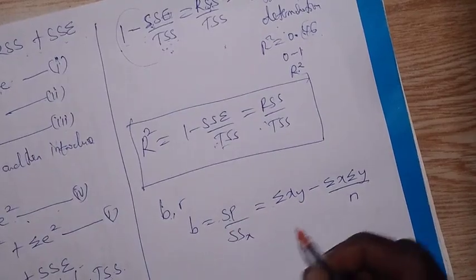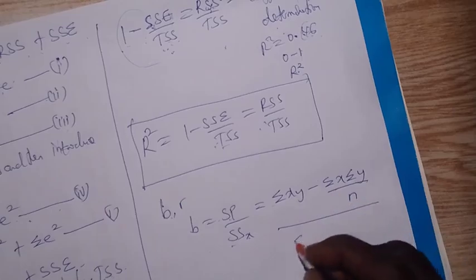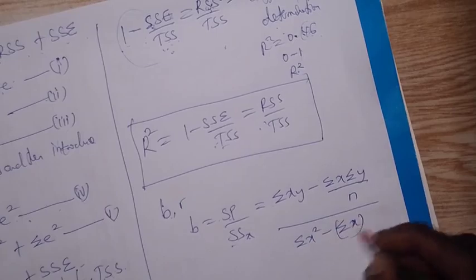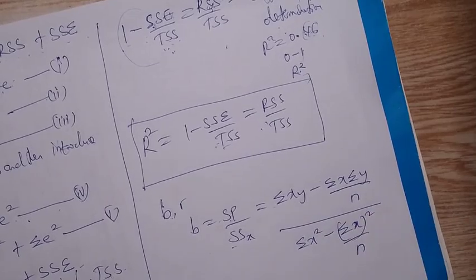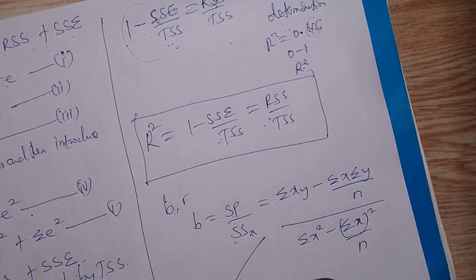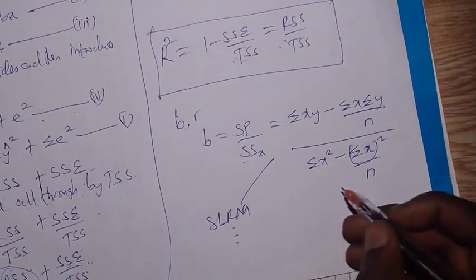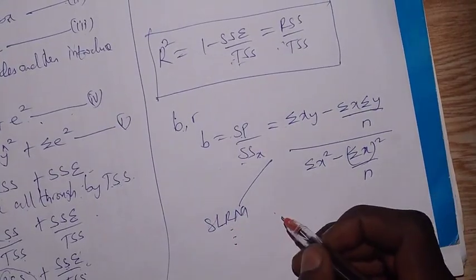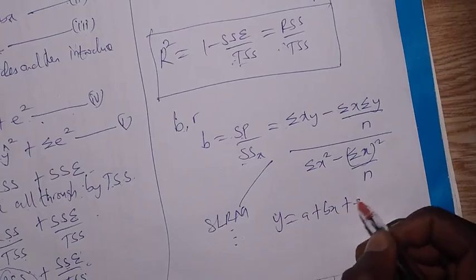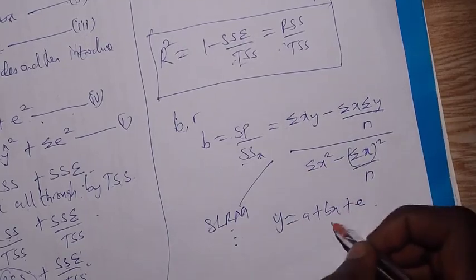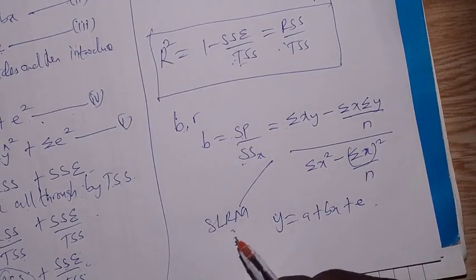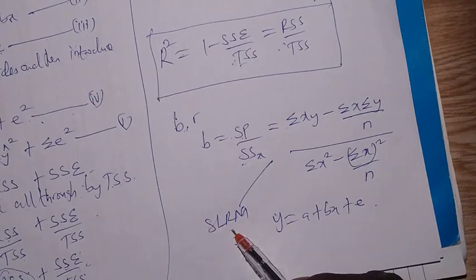This is our SP. Then all over SSX, which is summation x squared minus summation x all squared over n. This is in the case of what? Simple linear regression model, where you have only a single variable. For instance, y is equal to a plus bx plus e. This is a regression equation with only one independent variable. This is called simple linear regression. Why? Because it has only one independent variable.